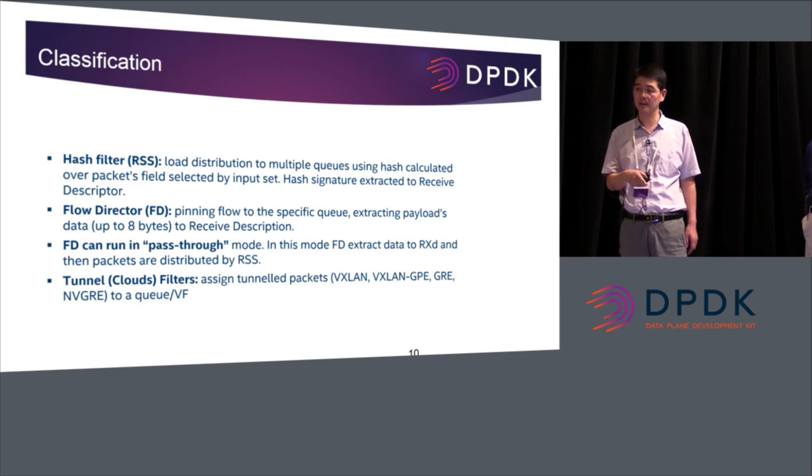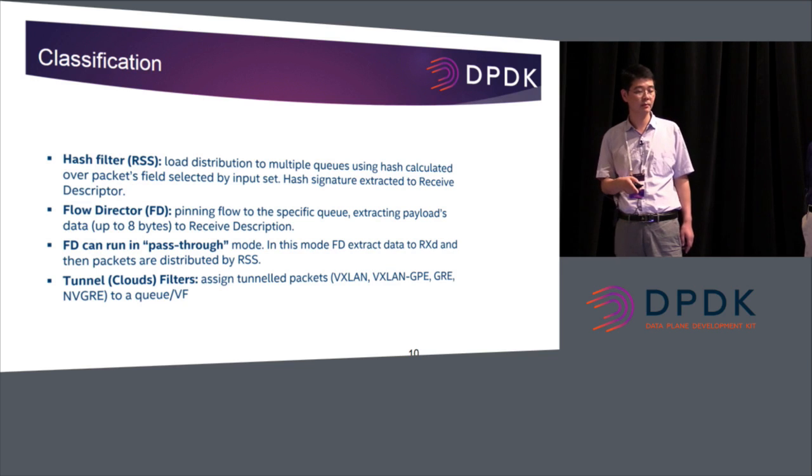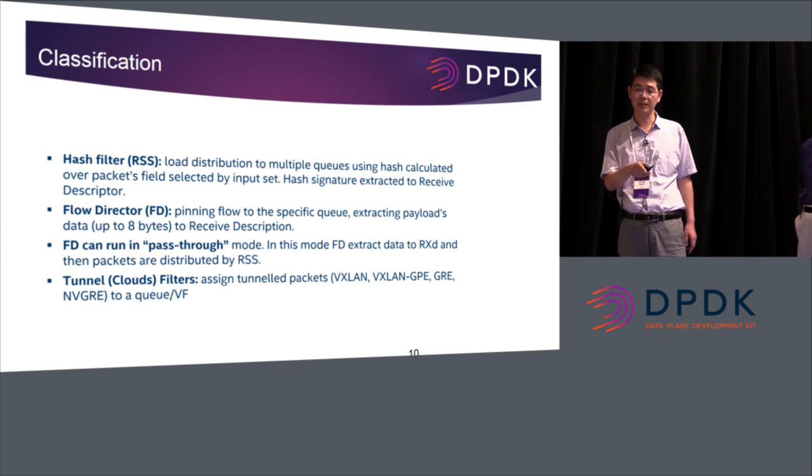The flow director can extract the data to and from the RX descriptor, and then let the RSS logic distribute the packets to which queues. Tunnel support is totally new on X710. We have supported quite several typical tunneling types, but the number is still ongoing, incrementing.